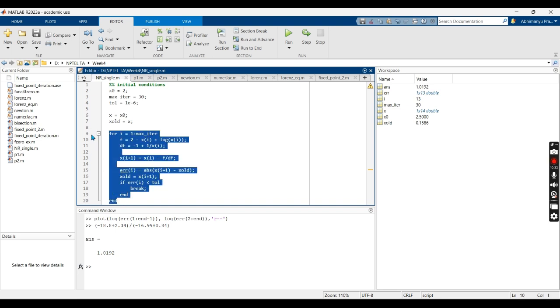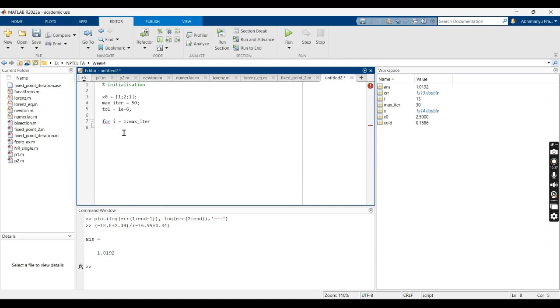Let me just copy this, and I will just change this for the multivariable case.